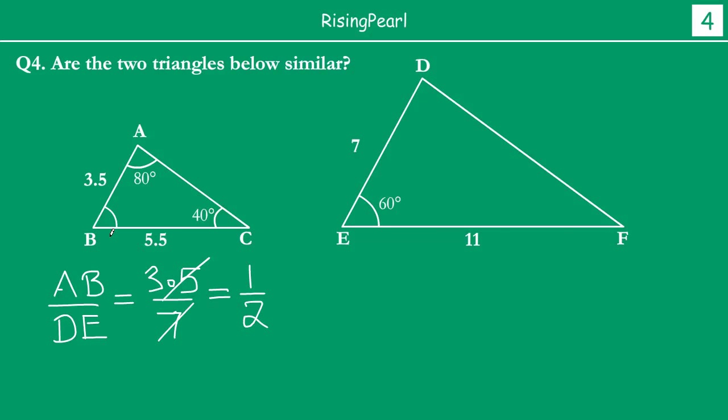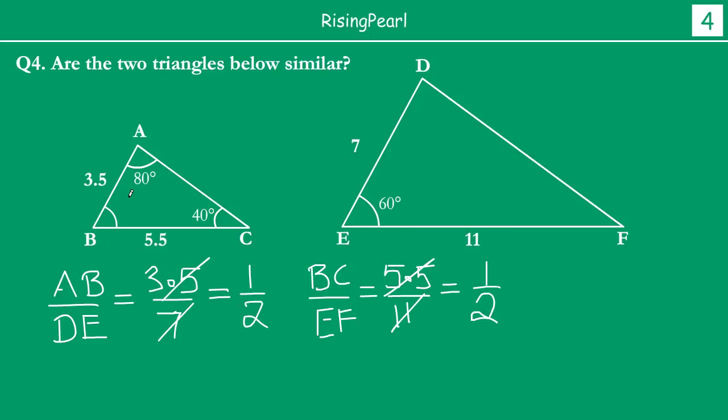Similarly, BC by EF is equal to 5.5 by 11, which is again 1/2. So I have AB by DE equal to BC by EF.